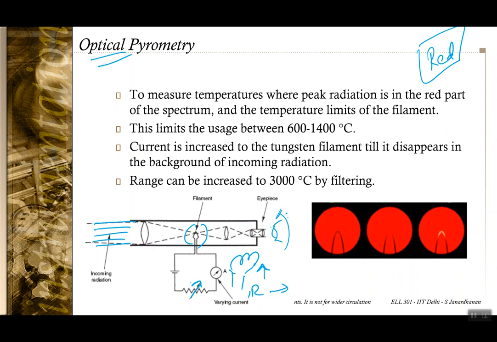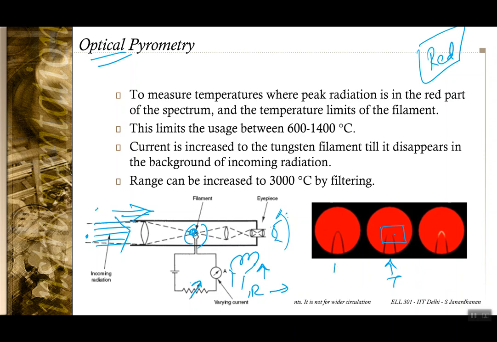So what we are doing is that when we compare the color of the radiation that is coming here and the color of the filament, when the color merges, then we take this as indicative of the temperature, which means that the temperature of the filament here is the same as the temperature of the incoming radiation, or it has a one-to-one relationship between this temperature and this radiation's temperature.